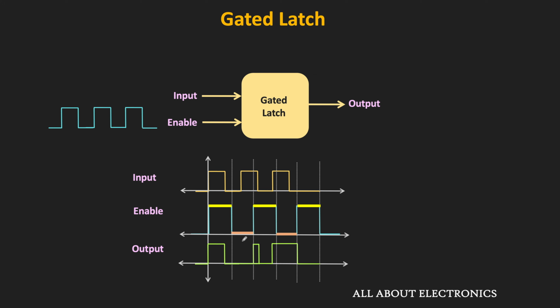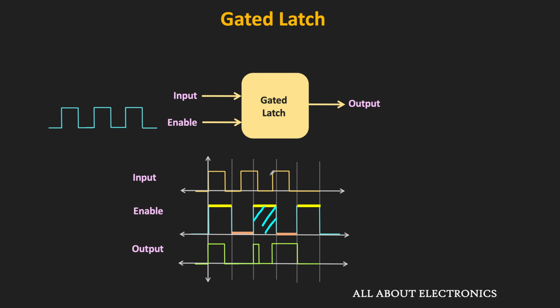Now once again, during the on time of the clock, when the enable input becomes high, the output will follow the input signal. As you can see, during this time, this output is following the input signal. And once again, during the off time of the clock signal, it will retain its previous state.